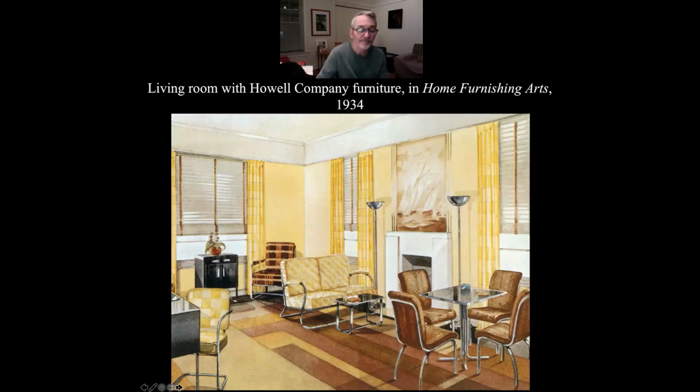Gropius and a lot of the Bauhaus idealists really wanted to make modern design affordable. They were some of the first people to promote the idea of affordable housing, and they were not completely successful.